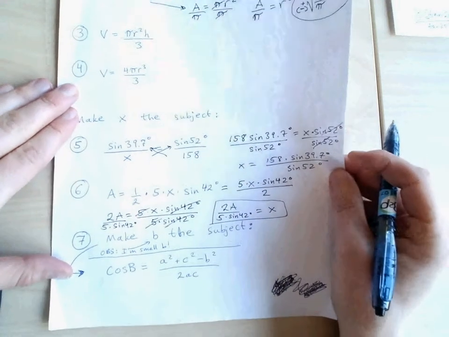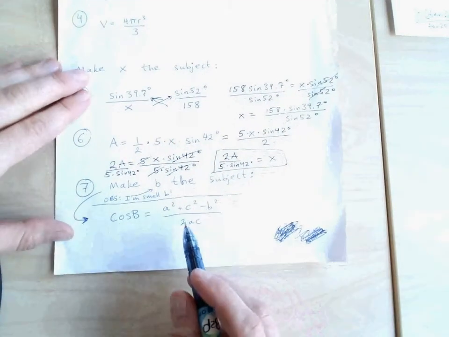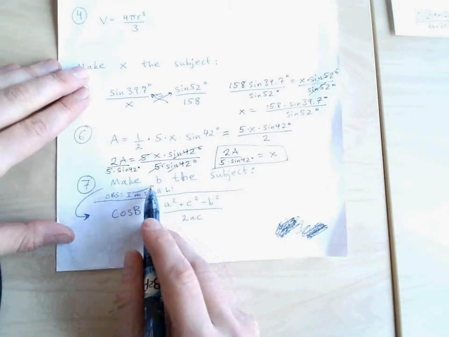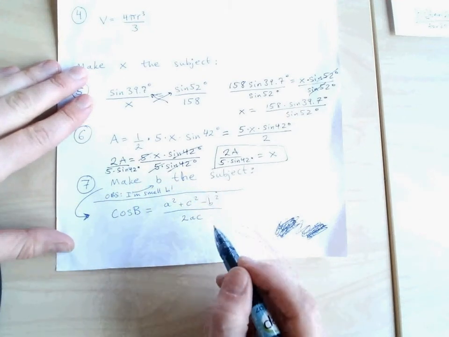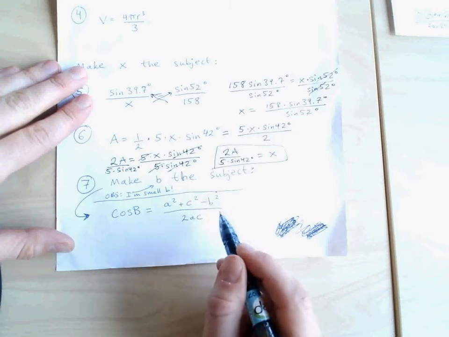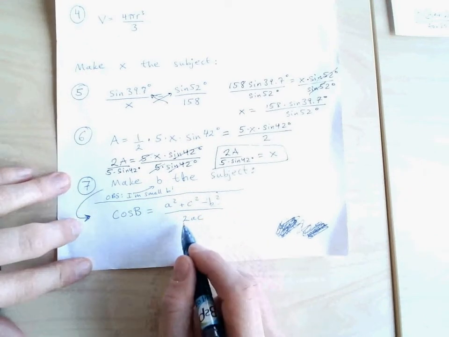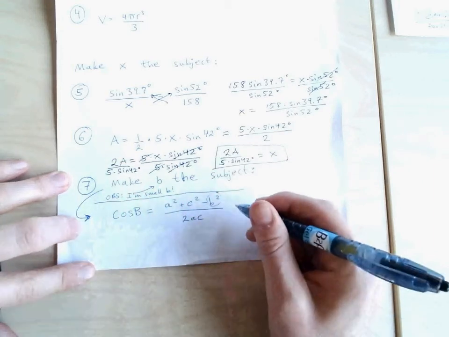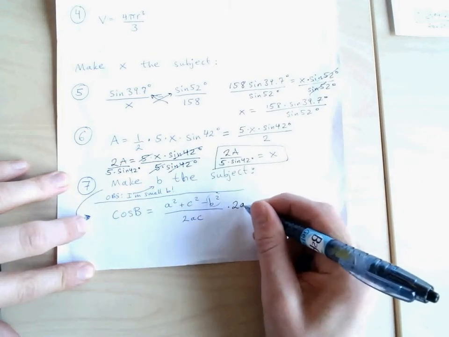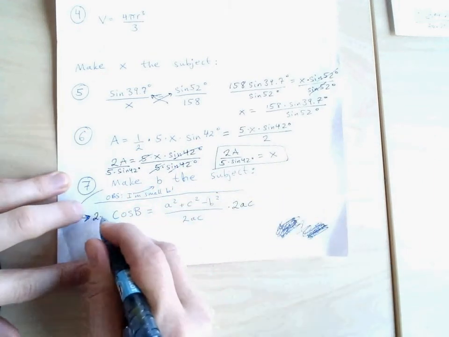In the last question, we should make B the subject. Okay, we want to write B alone. What do we do? Well, in this formula we multiply first by 2ac on both sides.